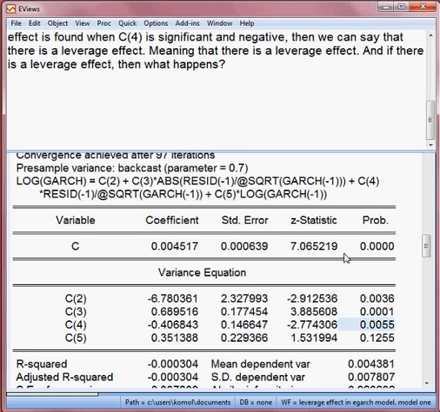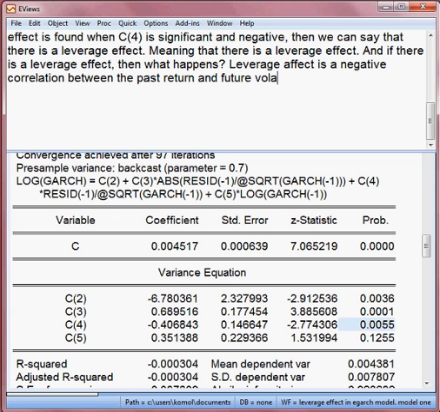It means that the leverage effect is a negative correlation between the past return and future volatility of return.